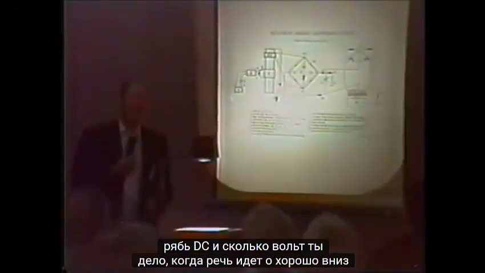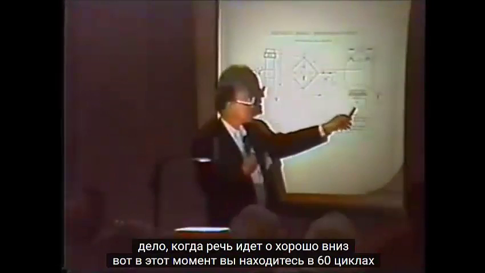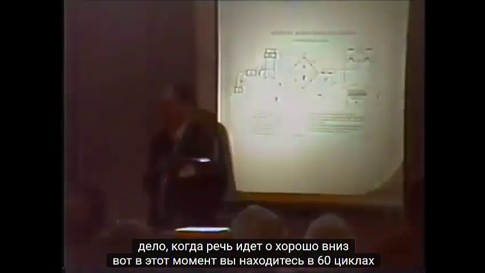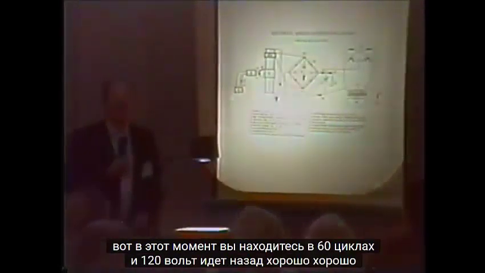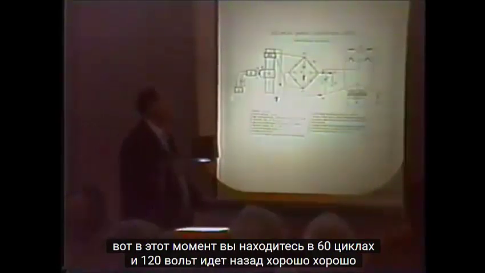How many volts are you dealing with when it comes out? Well, down here, at this point, you're at 60 cycles and 120 volts. Before that, back up to that capacity. Going backwards?